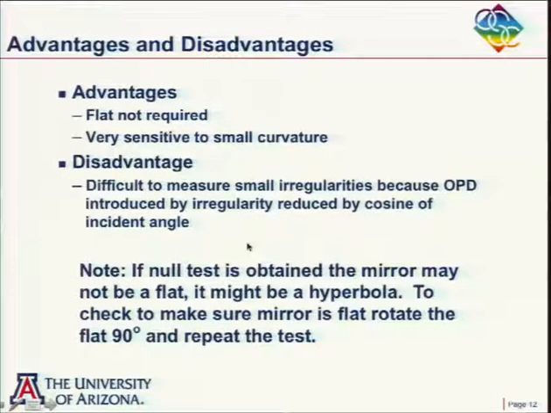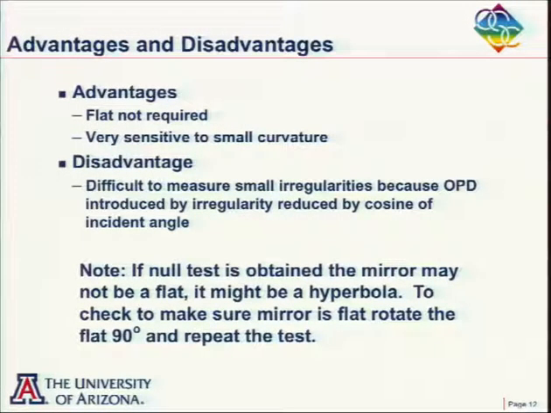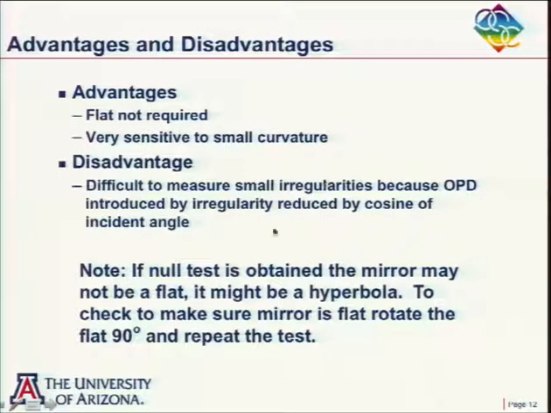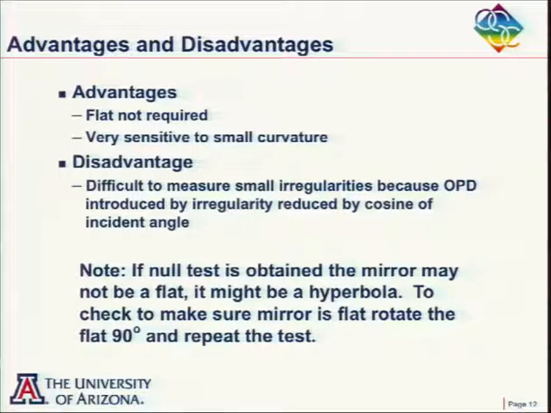And so to determine whether it's a flat or a hyperbola, you rotate the mirror 90 degrees and repeat the test. And that's also to check if you have any type of astigmatism, rotating the mirror and checking for it. Checking is see what happens. Do the measurements change?